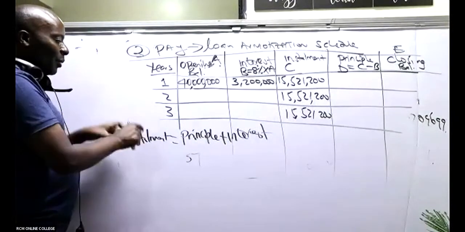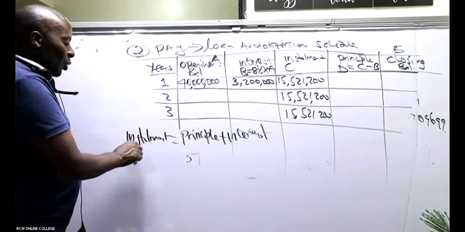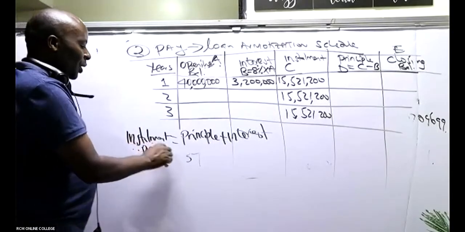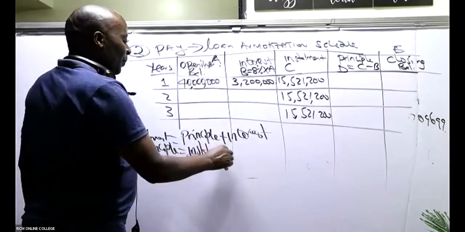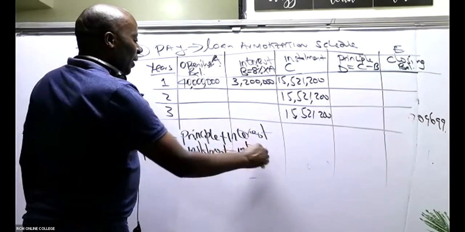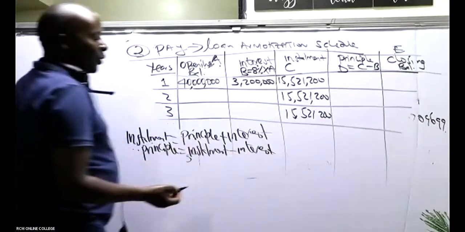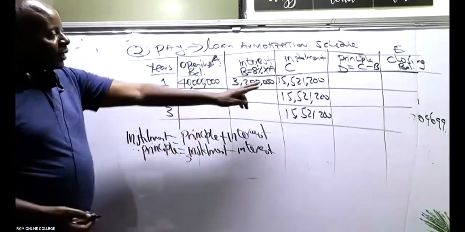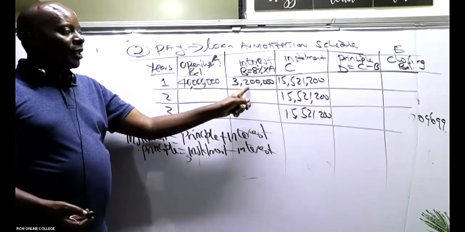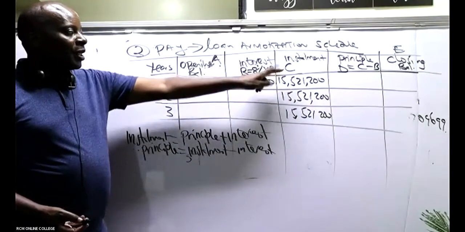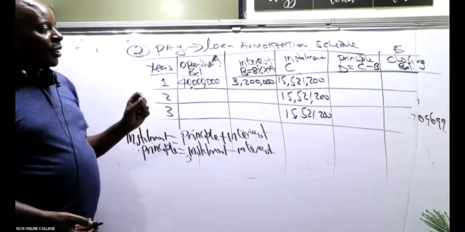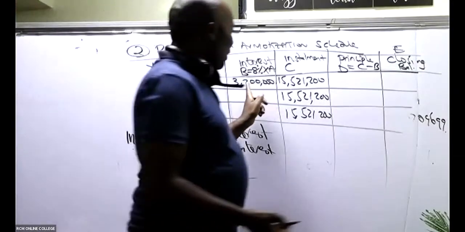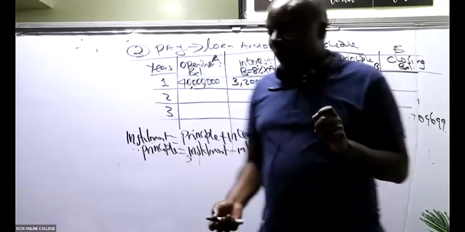Now that I have installment, I have the interest, then to get principal is very easy. To get principal, I will take the installment minus what here, somebody? Minus interest. So I will take the installment that I have paid minus the interest. So basically, I'm taking column C minus column D. Interest is column D. So in this case here, 15,521,200 minus 3.2 gives me how much principal?